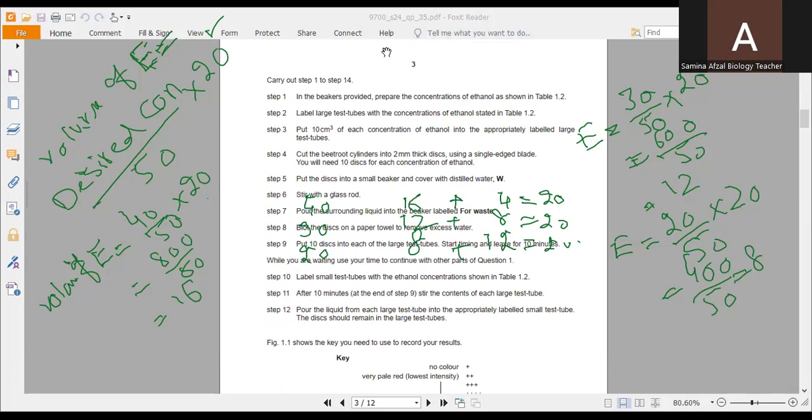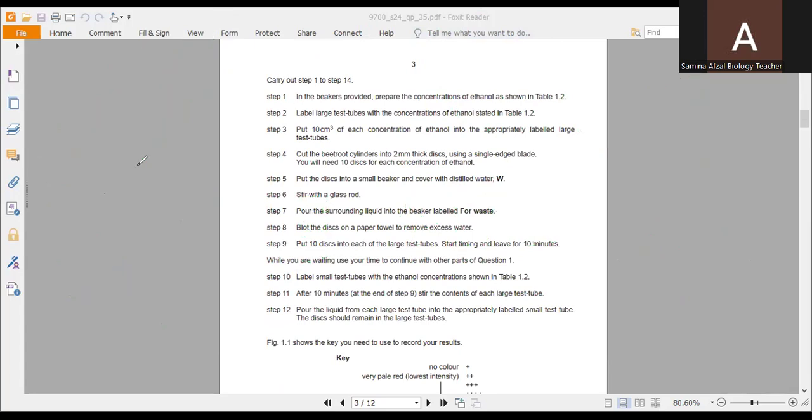Now we will start our steps. Carry out step 1 to step 14. So carefully read all these steps when you are in the examination room where you will perform the experiment.